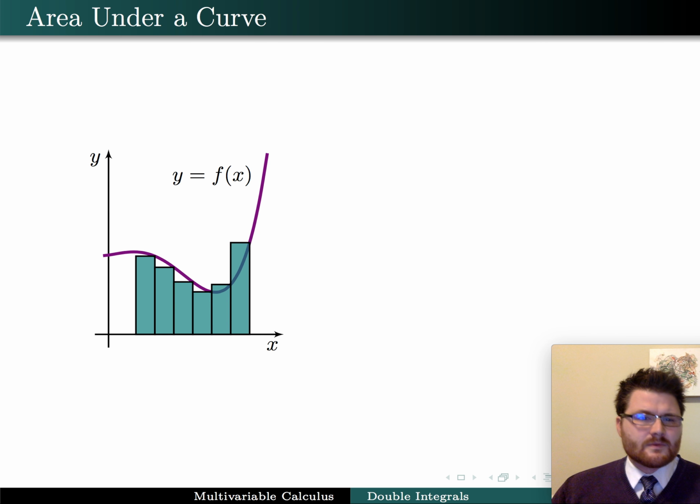The way you saw this in single variable calculus was you looked at the Riemann sum that comes from looking at the area of a bunch of little rectangles, and then you took the limit as the number of rectangles goes off to infinity and their width shrinks down to 0. You look at that limit, and we get the exact area under the curve instead of an estimation. I'll draw the estimations so that we have that sense of what's going on, but this picture informs what's going on in the limiting case.